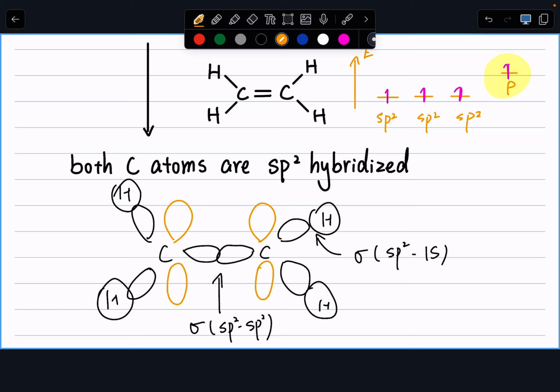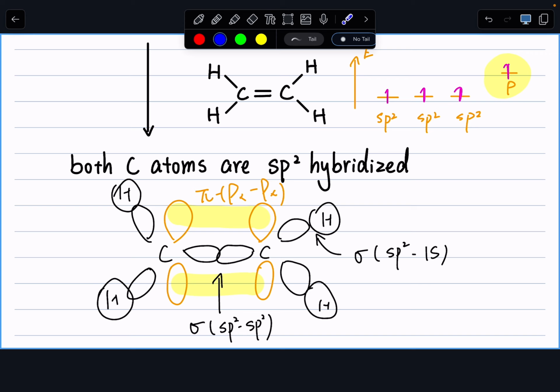These p atomic orbitals overlap with each other to form a pi bond. Note that the p orbital itself is a dumbbell shape, so all of these overlaps reflect a pi bond. That's what we call a pi electron.